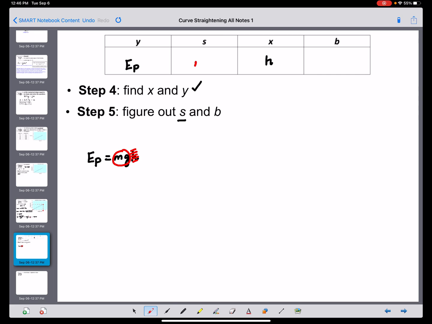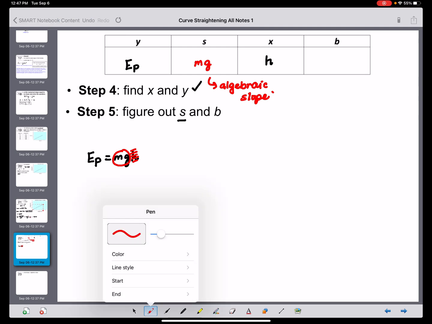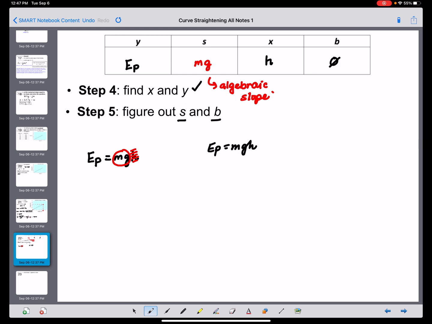So s is mg. Remember that that's the algebraic slope because it's a collection of letters, not numbers. For b, if the formula has no plus or minus sign in it, then b is going to be 0. The formula is just EP equals mgh. There's no plus or minus in there, so b is 0.